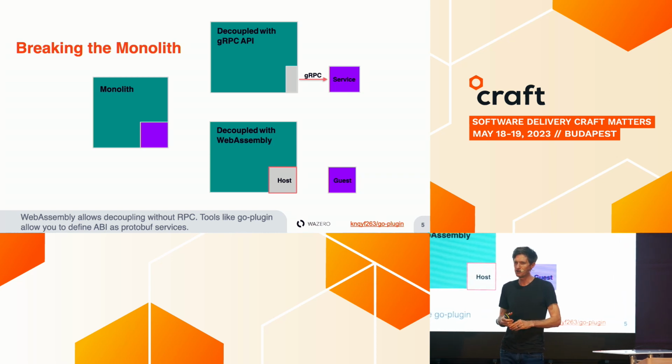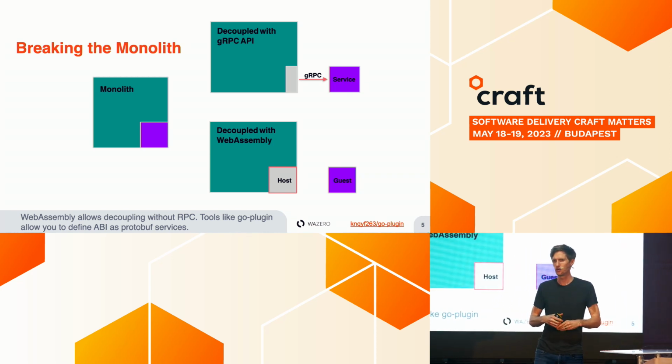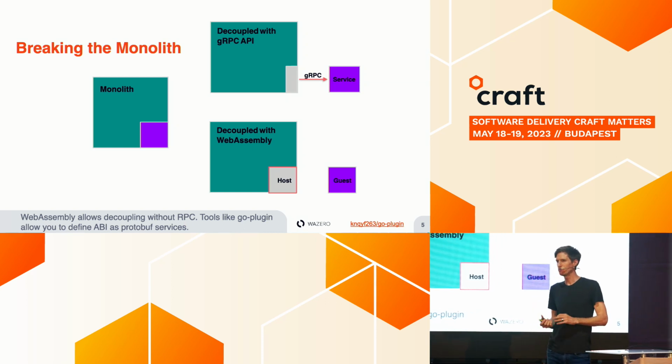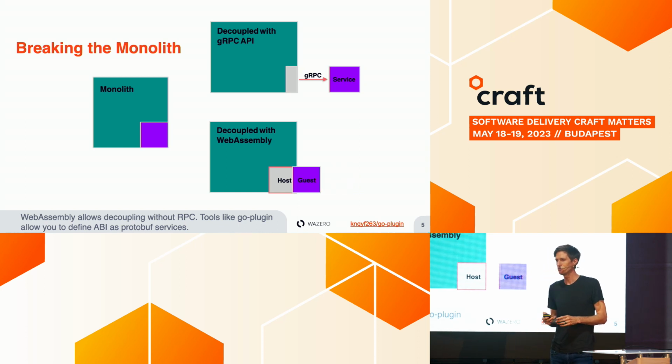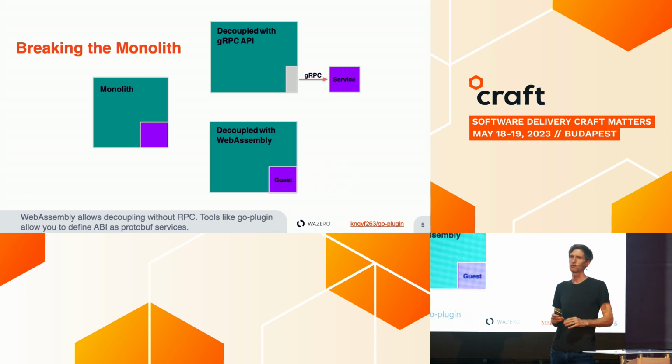And WebAssembly is an interesting way to deal with a monolith, because you get some of the benefits of an RPC based interaction, where you have a completely different code base which has a different life cycle than the thing that it's used by. But instead of it being across a remote link or a quasi-remote link, it's actually embedded in process.